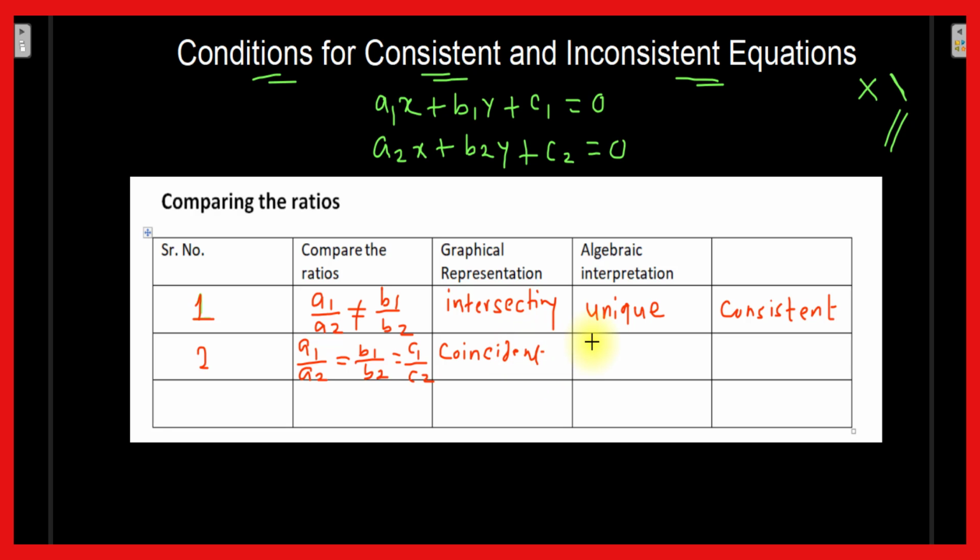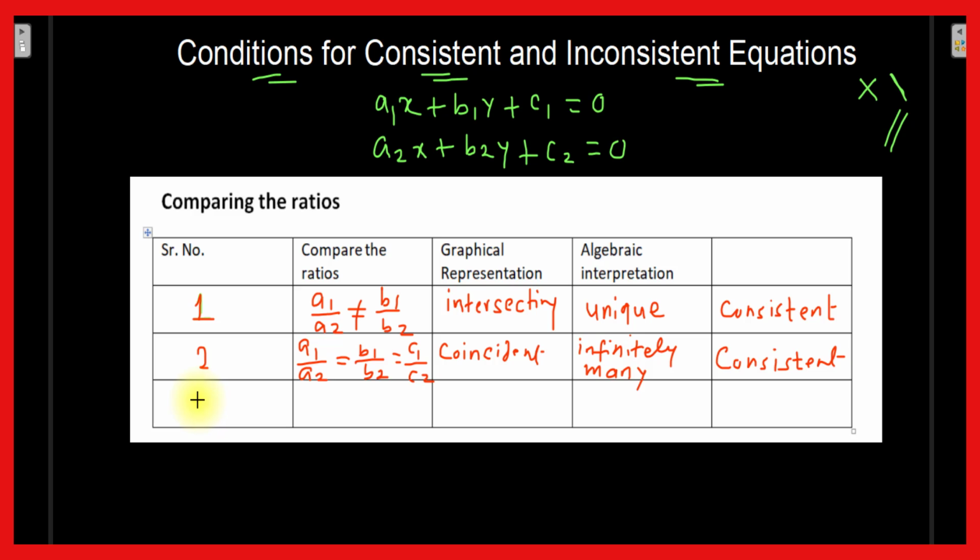It means it will have infinitely many solutions, and since it has more than one solution, it will also be called consistent equations.